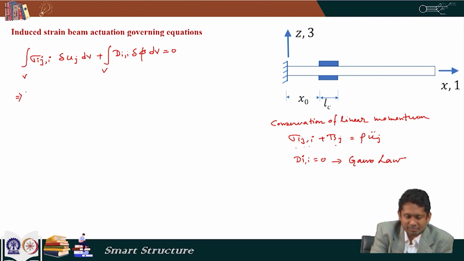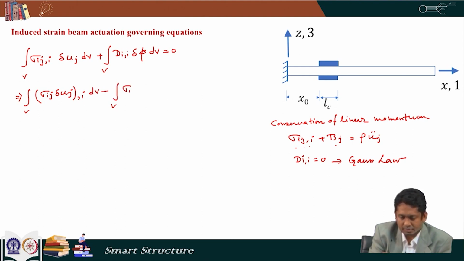Now, this expression can be rewritten as sigma ij variation of uj comma i dV minus sigma ij comma i variation of uj dV.